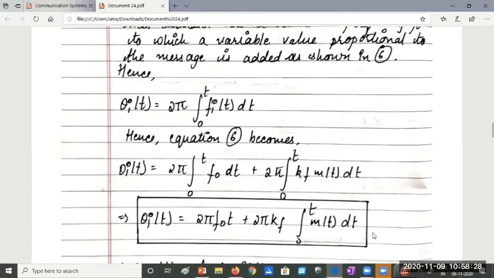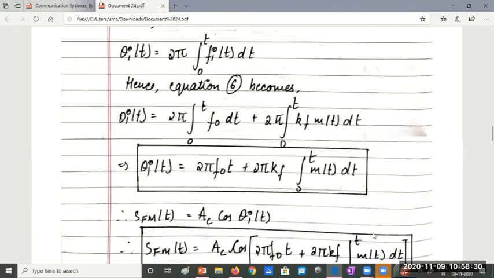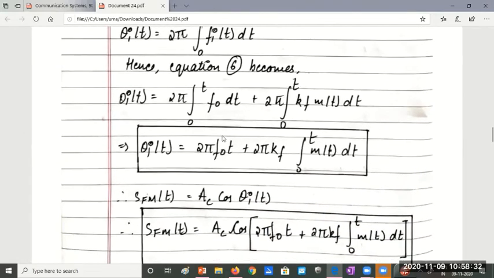Does this look familiar? The format of this expression. So we get the angle of this signal as 2 pi f naught t plus 2 pi kf integral m of t dt, I can simply substitute the angle in the expression for FM. Therefore, the FM waveform which is generated by the Hartley oscillator, fm of t, is equal to AC cos theta I of t.